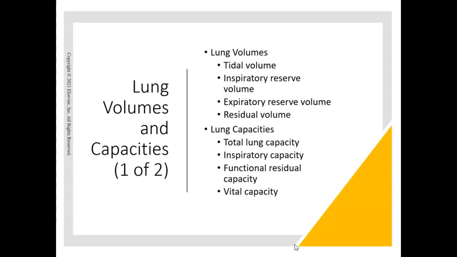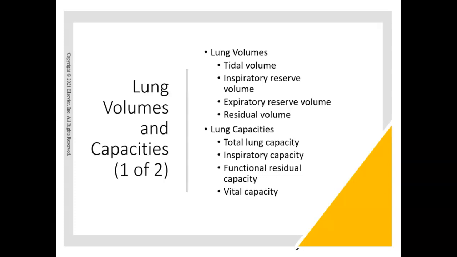Your expiratory reserve volume is your maximum amount of air you can breathe out below your tidal volume. And your residual volume is the amount of air that stays in your lungs forever and you can't measure directly or breathe out.